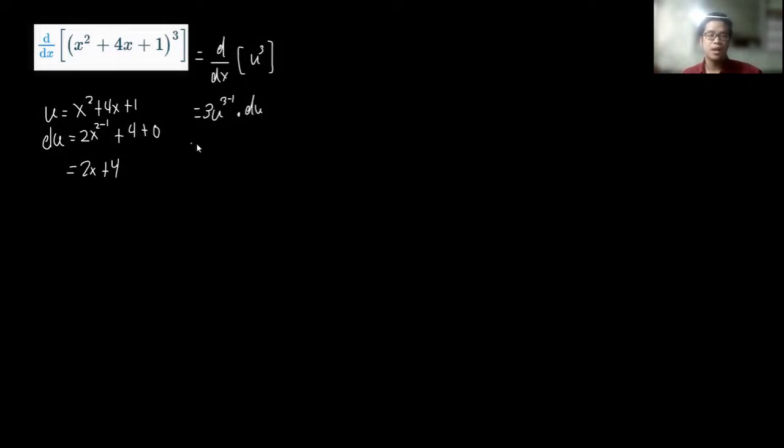Now let's simplify this further. You have 3 times u squared times du. Now let's substitute. We have 3 times x squared plus 4x plus 1 squared, times your du, which is 2x plus 4.